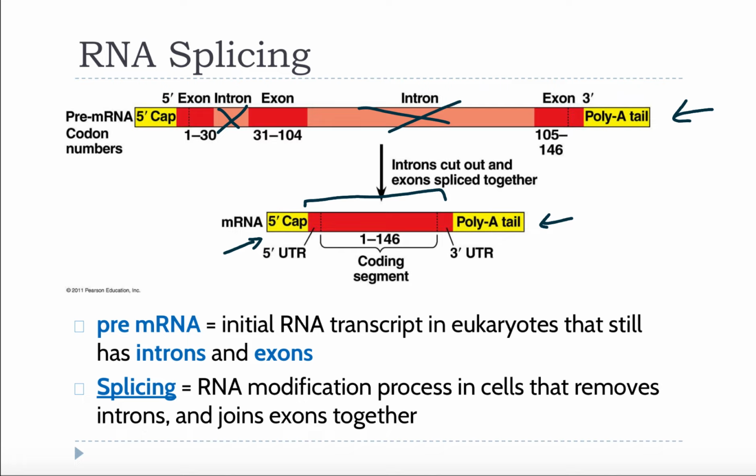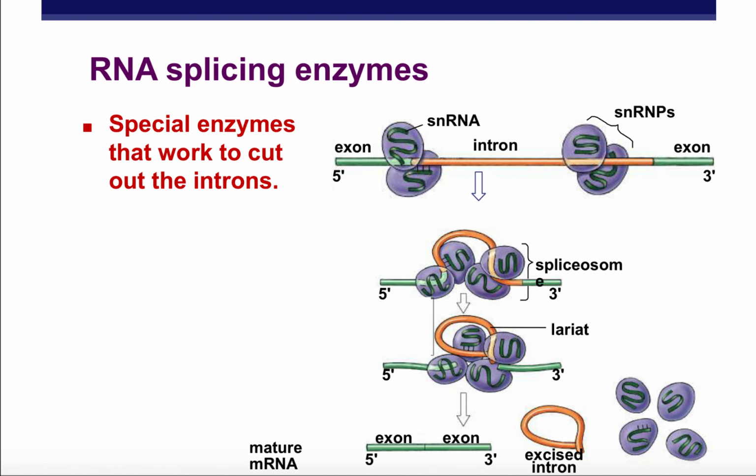It's the initial RNA transcript in eukaryotes that still has those non-useful introns. And splicing is a method by which we remove those introns. The whole splicing enzyme sequence involves proteins and more RNA types called spliceosomal RNA, but we're not going to go into it.